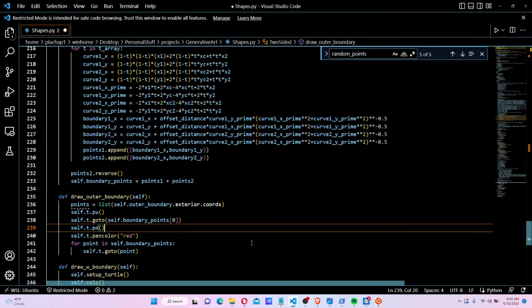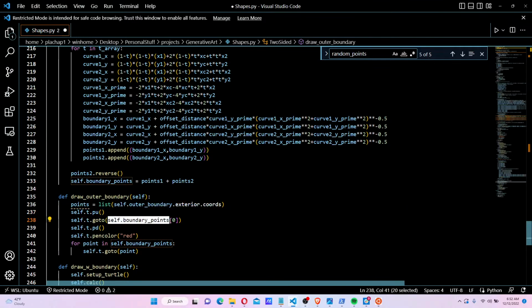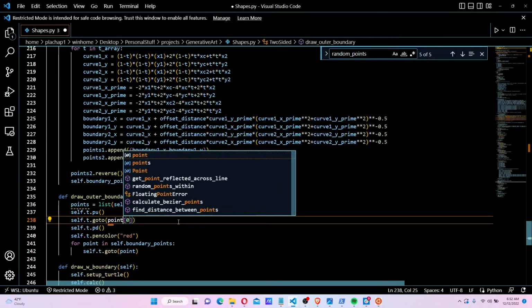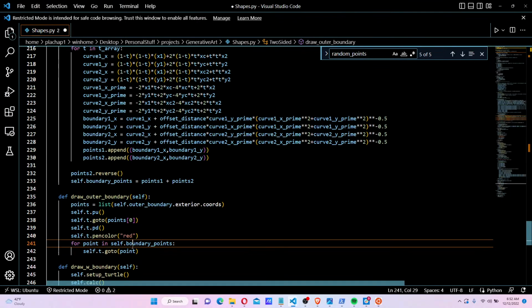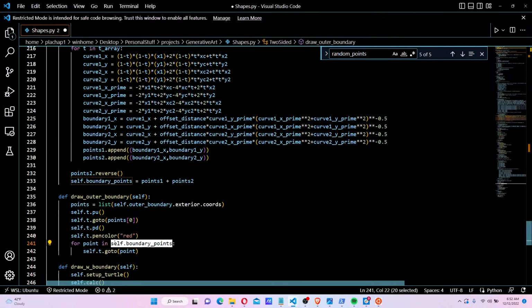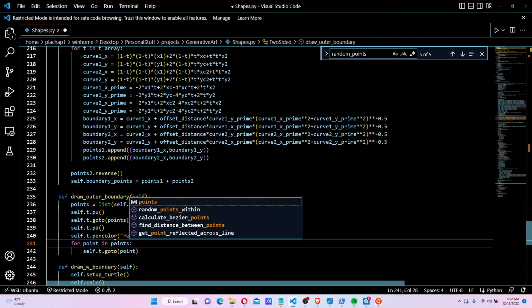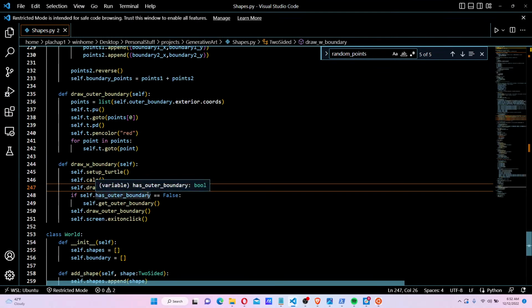Okay. Go to the first point. Now it's just for point in points. So that should be good. Self dot has boundary false.